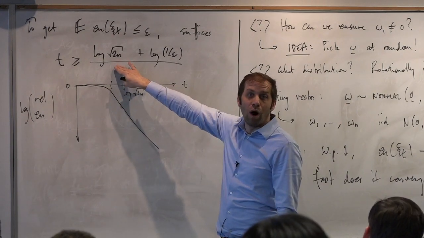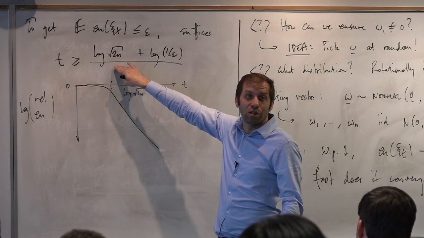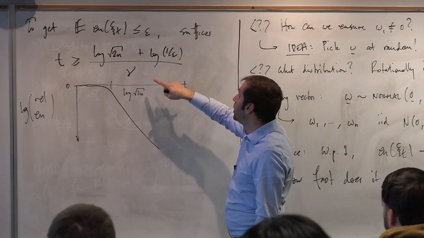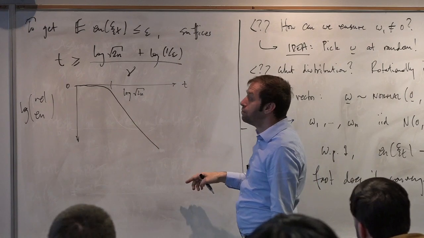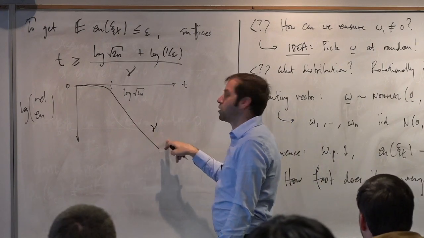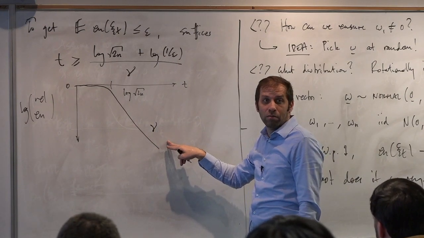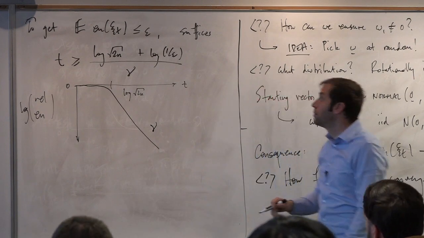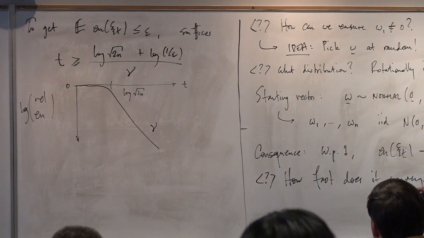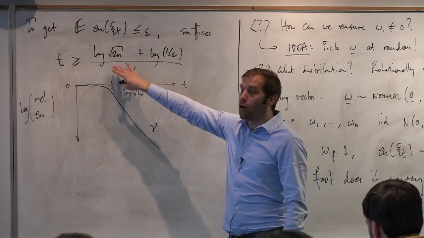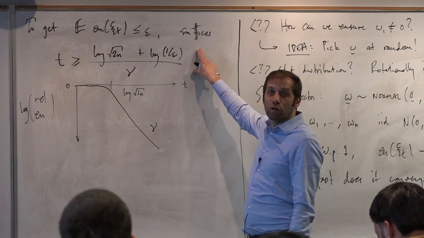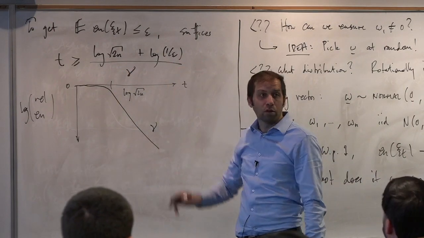For a while, the relative error is vacuous. And then it starts to go down linearly. And the slope of this line is gamma, the spectral gap. Okay? So you find out both that there is a burn-in period before the algorithm does anything, and that it converges at an exponential rate determined by the spectral gap.